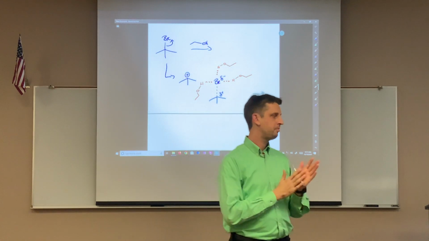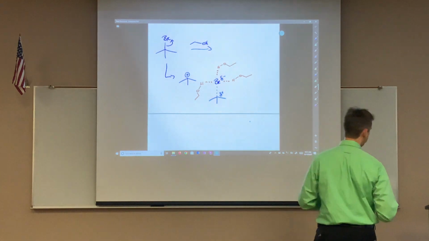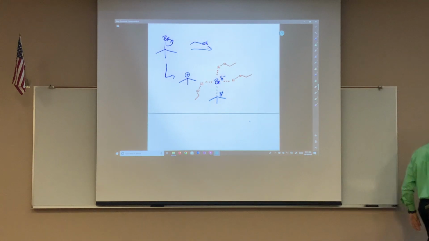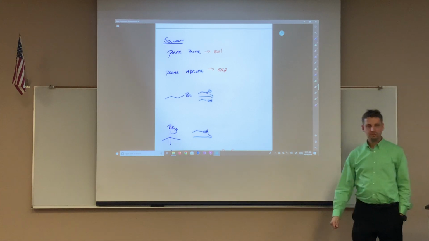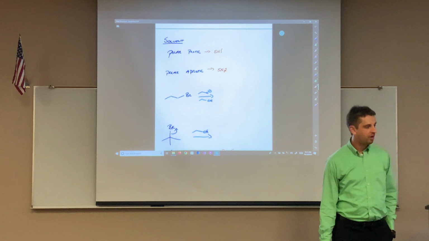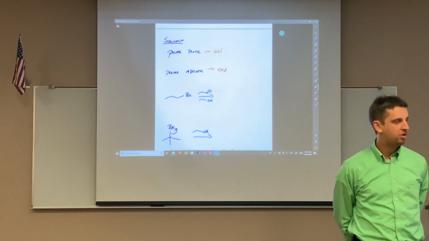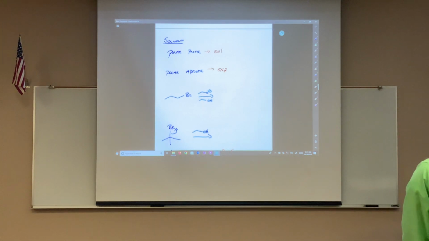So, a polar protic solvent has an effect on favoring Sn1, and polar aprotic favors Sn2.